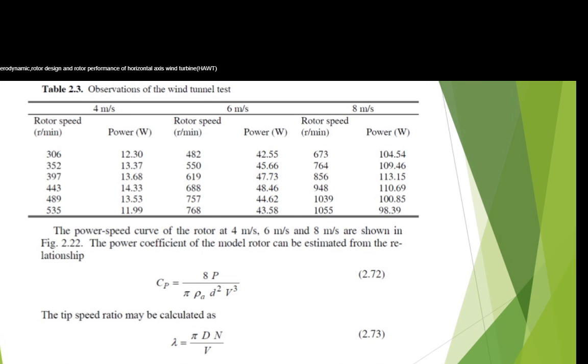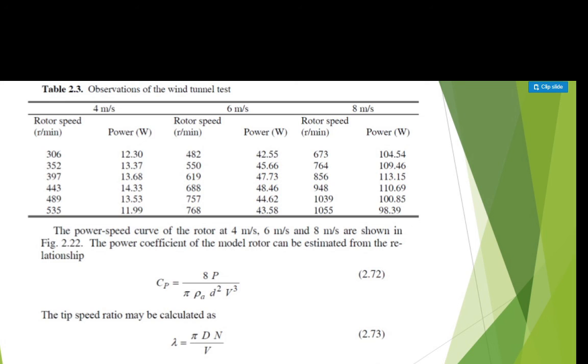Now, the observation of the wind tunnel test. These are the observations shown in the previous slide, when the wind speed is 4 meter per second, 6 meter per second, 8 meter per second, and how much power we obtain. We can see from the data that when the speed is high, the power is more.